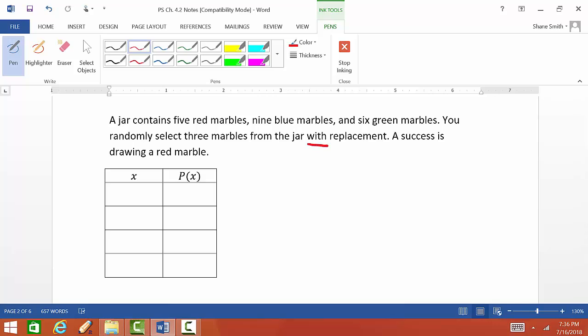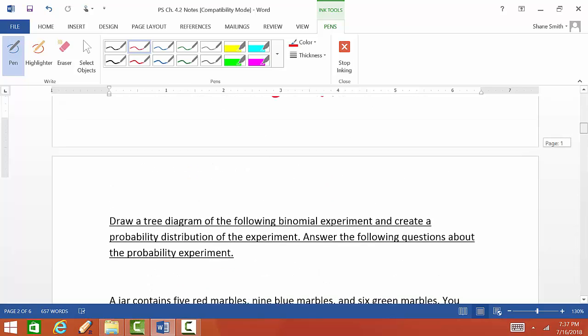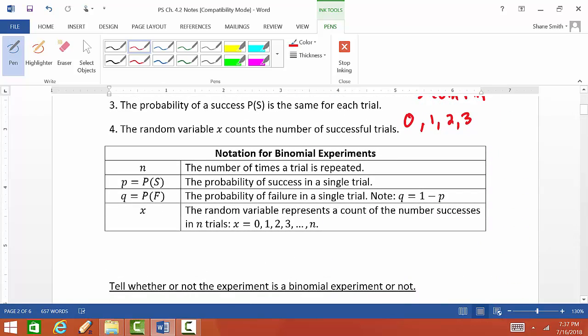So a jar contains 5 red, 9 blue, and 6 green marbles. You randomly select 3 marbles from the jar with replacement, and a success is drawing a red marble. So if I'm selecting 3 marbles from the jar, that's how many trials we have. And if you looked at the previous page here, I gave you notation for binomial experiments, and this is something you should be familiar with.